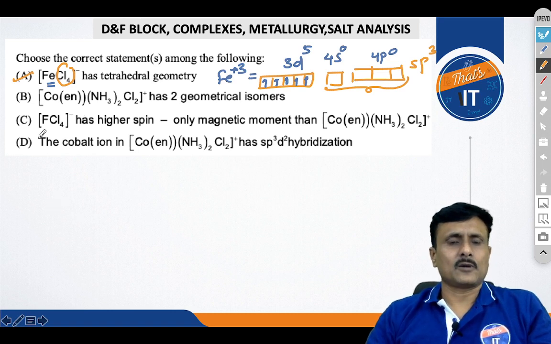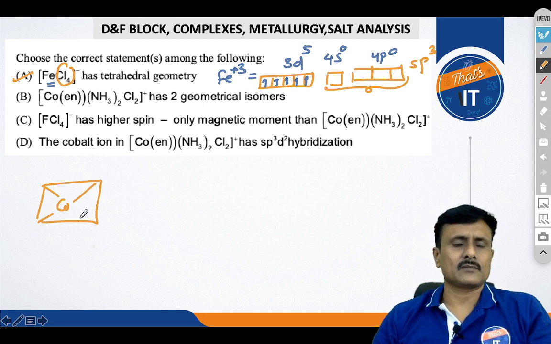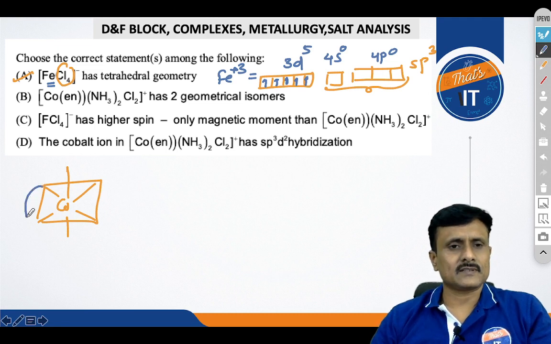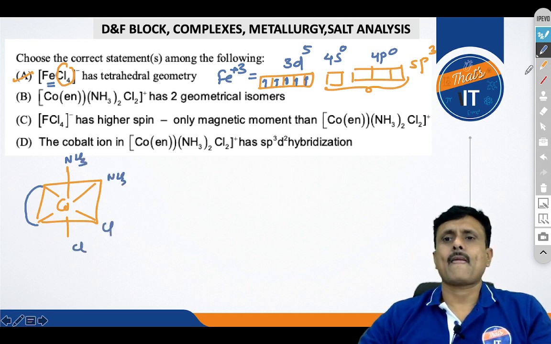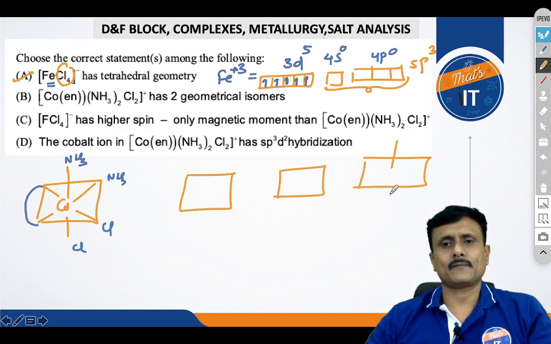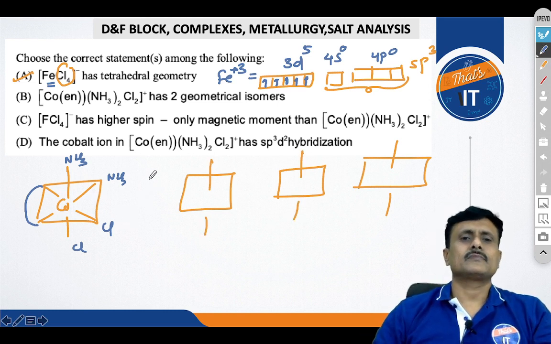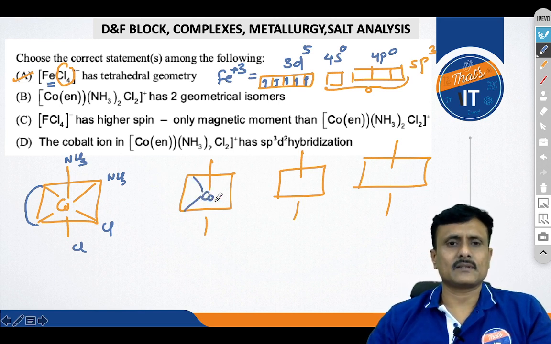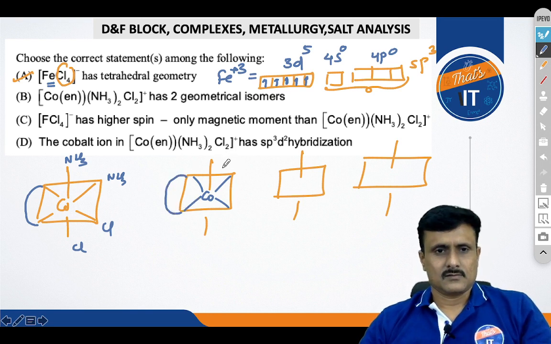Let's check out option B. You can see Co at the middle, octahedral geometry, because the coordination number is 6. So I'm going to fix the ethylene diamine and write 2 ammonias and 2 chlorines adjacent to each other, and accordingly I'm going to write all the possible structures. What else can you write?